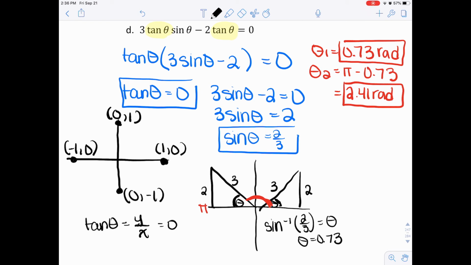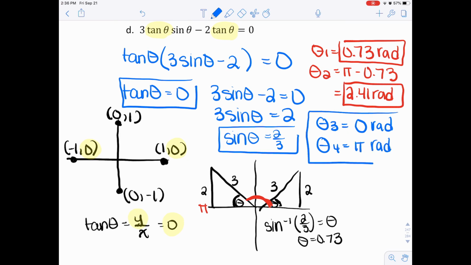So tangent is opposite over adjacent, which is equivalent to y over x. So we need to find when y over x is equal to 0. This is going to happen whenever y is equal to 0. So we just have to identify the ordered pairs where y is equal to 0. And that happens at 0 radians and pi radians. So those are two more solutions to the original equation.